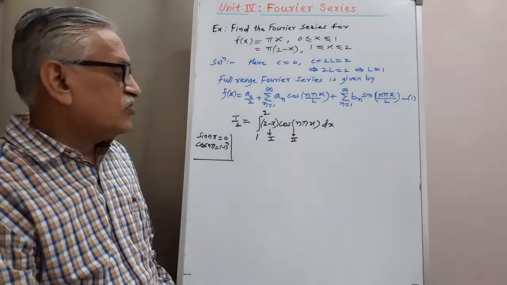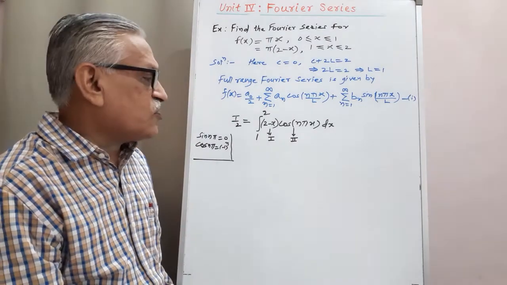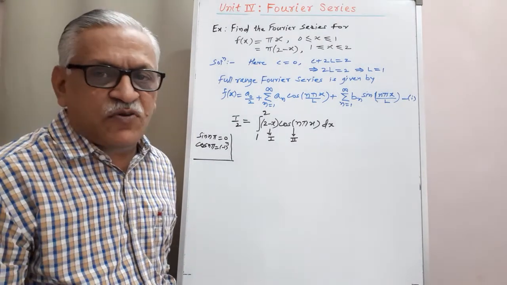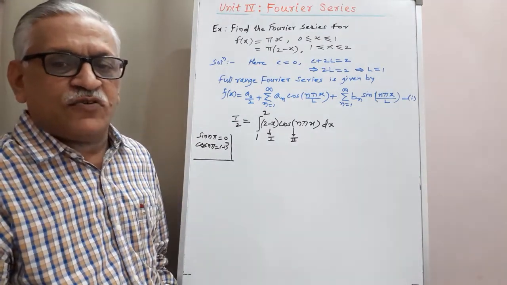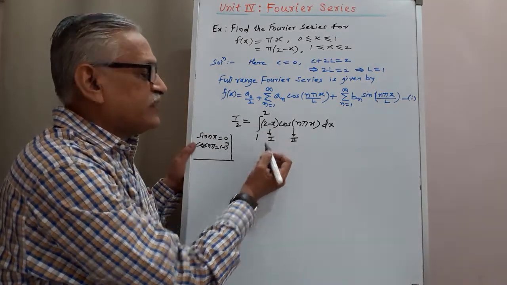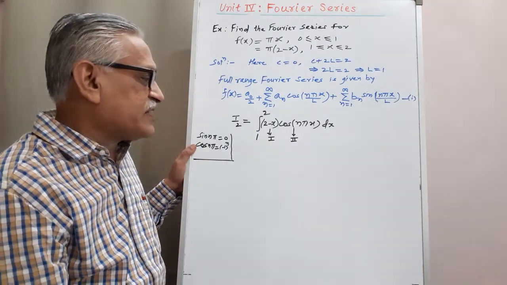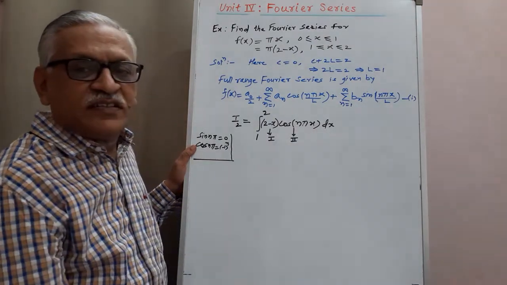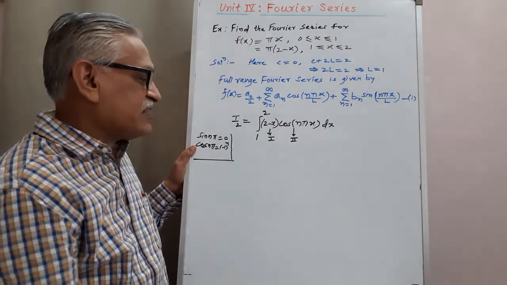Similarly, we try to find the value of I2, from 1 to 2, 2 minus x into cos of n pi x. Once again, it is the product of two terms of x. Therefore, we apply integration by generalized parts. 2 minus x is the first term as it is algebraic type, and cos of n pi x is the second as it is trigonometric type.